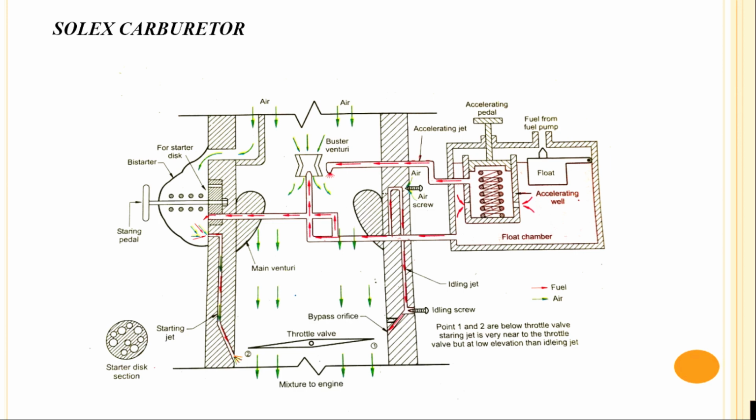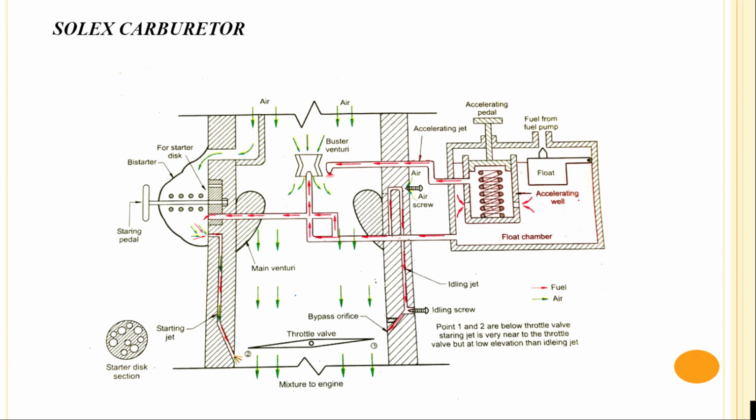Mixture requirement for a stationary engine is almost fixed, but in an automobile engine, mixture requirement is different for different operating conditions like idling, starting, normal running, acceleration, high power, etc. For that, the air fuel ratio will be different in a modern carburetor.